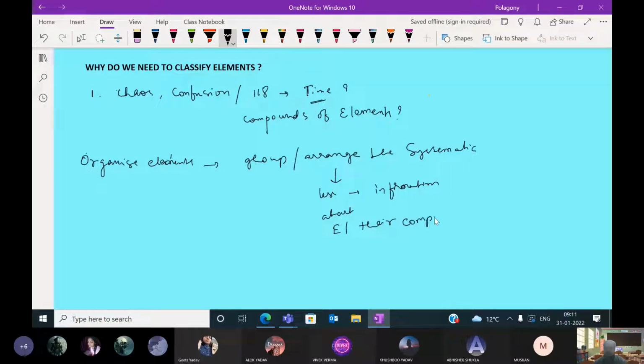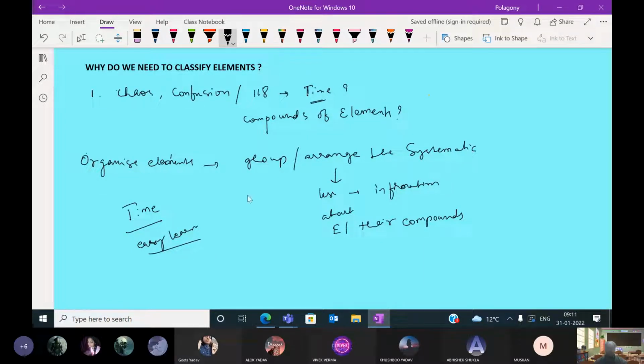So this is the purpose. Number one, time saving. Number two, easy to learn about the elements and their compounds systematically by organizing the knowledge.